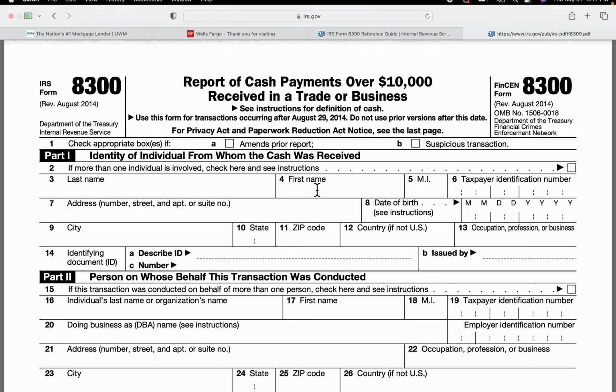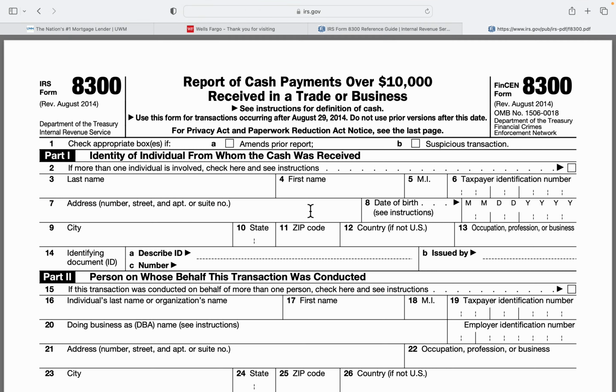In the previous video, I was speaking about the Form 8300, and this screen is to give you a first-hand view of what the form looks like if you're going to be filing this by paper. Right now, since the requirement has changed, the regulation is going to be that you have to file this form electronically in the future.